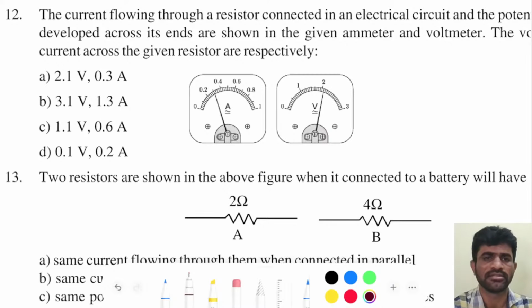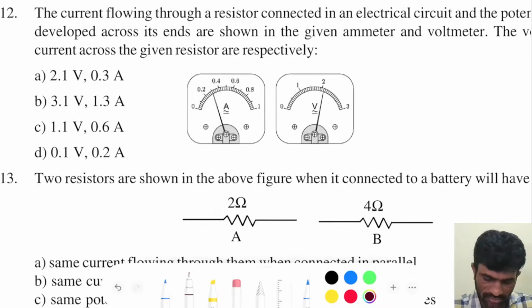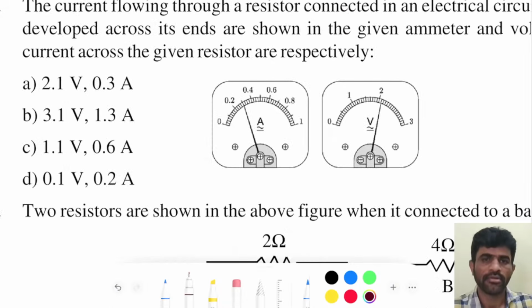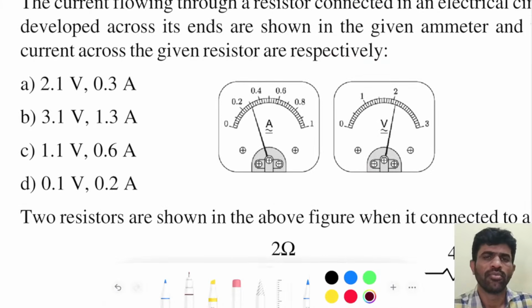The voltmeter reading is after 2 and before 3. And the ammeter reading is between 0.2 and 0.4.